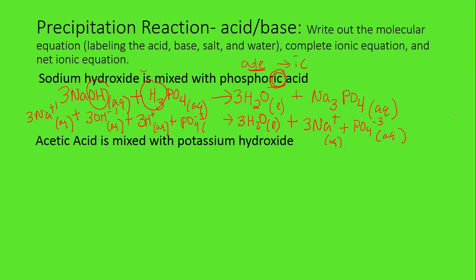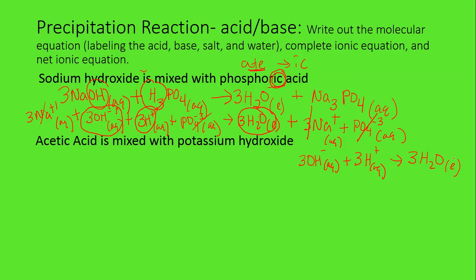Alright, so let's look at what our spectators are, right? Notice we've got sodium ions on both sides. Notice we've got phosphate ions on both sides. So really all we have left is the production of water, right? We've got 3 OH- plus 3 H+ yields 3 H2Os.